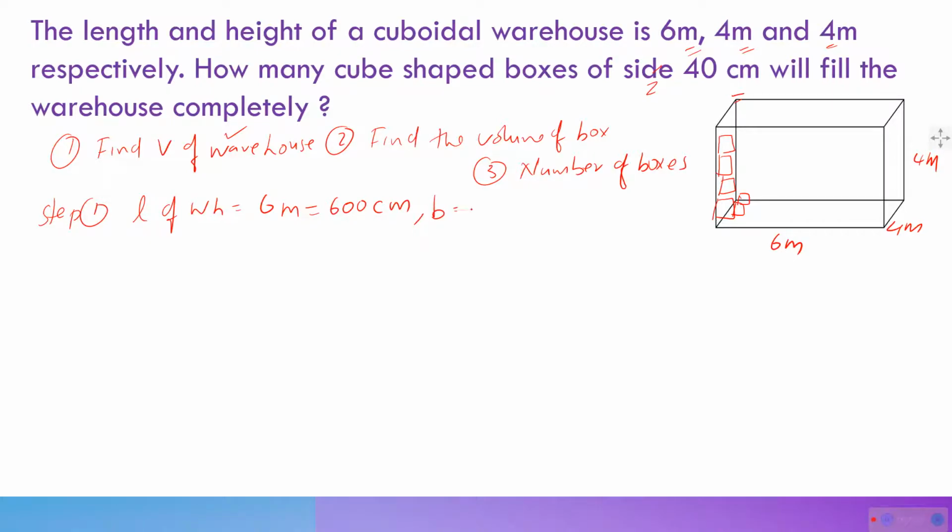Breadth is given as 400 centimeter, and as well as height is given as 4 meter, which is equal to 400 centimeter. The volume can be calculated by the formula length into breadth into height, where we will be simply multiplying 600 into 400 into 400.